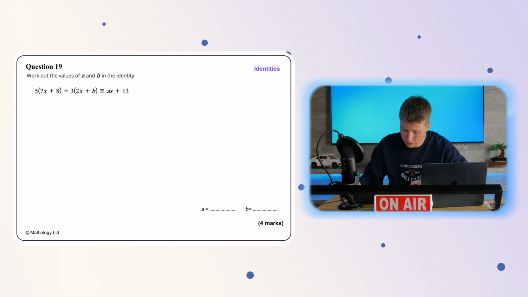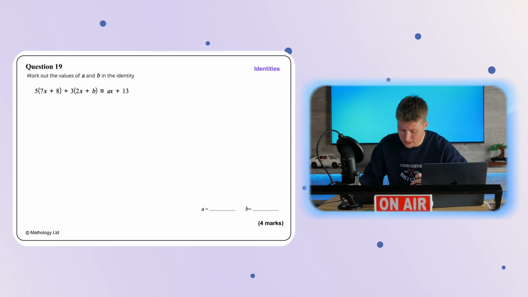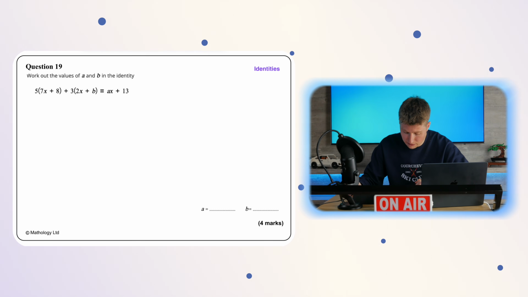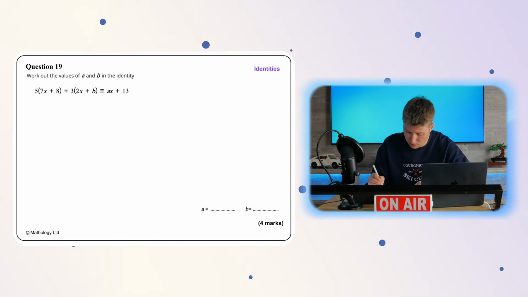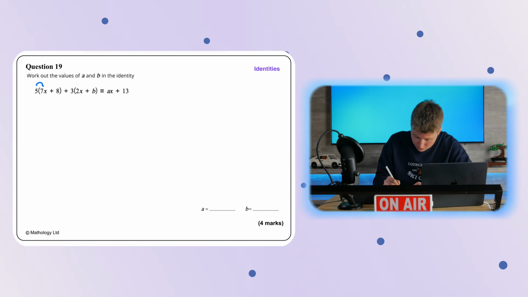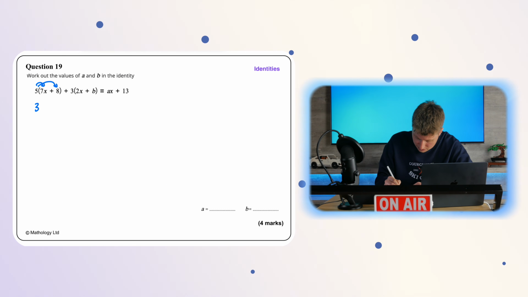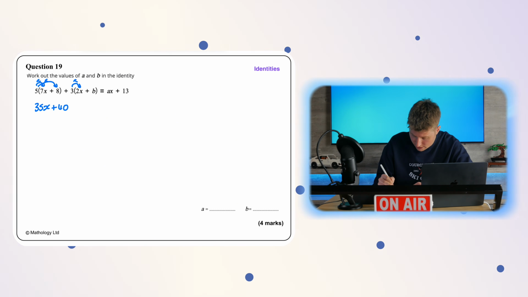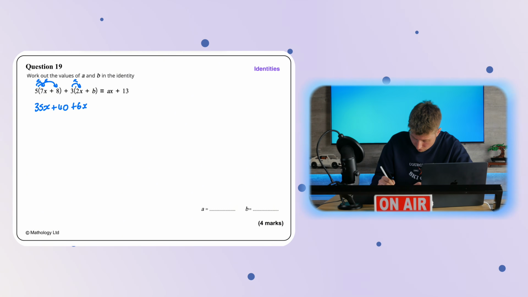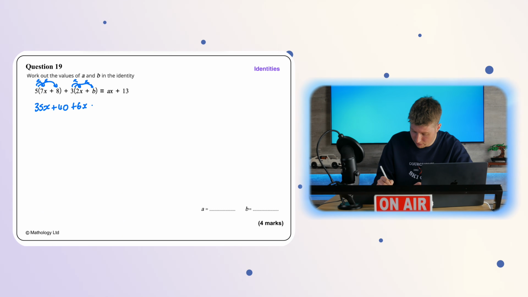Question 19 says work out the values of a and b in this identity. So we've got 5 multiplied by 7x plus 8 plus 3 multiplied by 2x plus b, and this is identical to ax plus 13. So if we multiply out the brackets, 5 times 7x is 35x, and 5 times 8 is 40. 3 times 2x is 6x, and 3 times b is 3b.